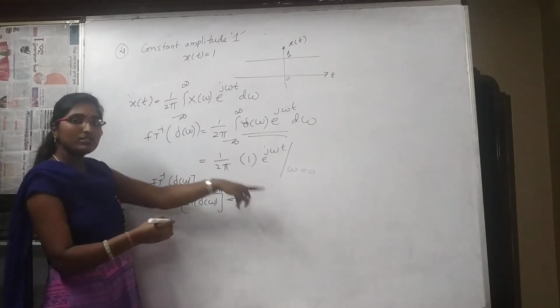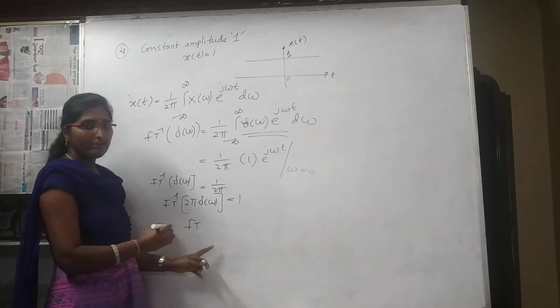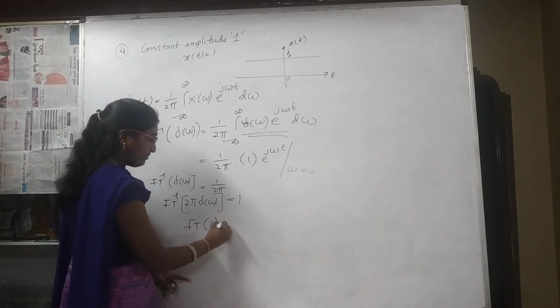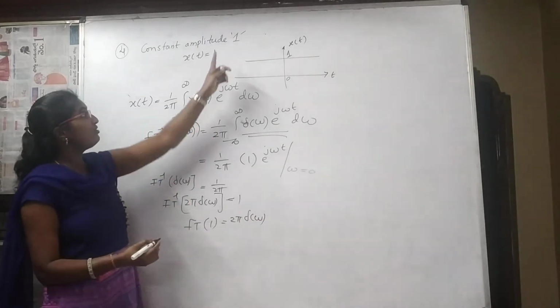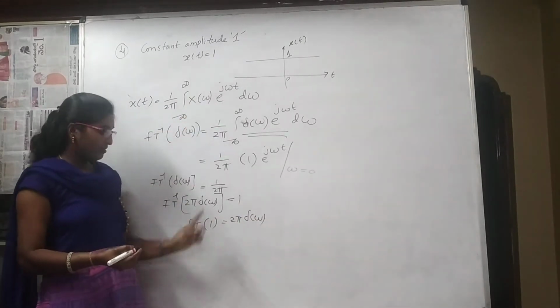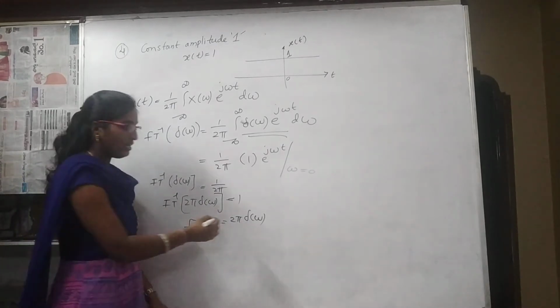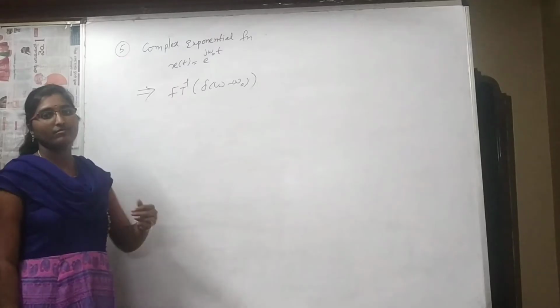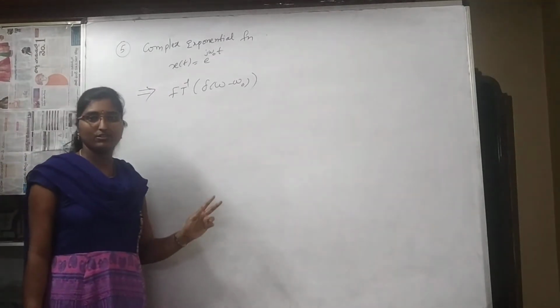Then FT inverse, if it moves to that side, that will be FT of 1. FT of 1 is 2 pi del of omega. So then you got, x of t is 1, Fourier transform of 1, you got 2 pi into del of omega. Remember this.